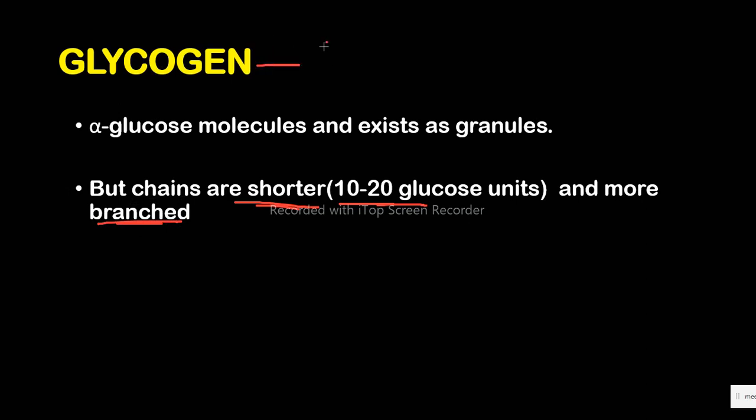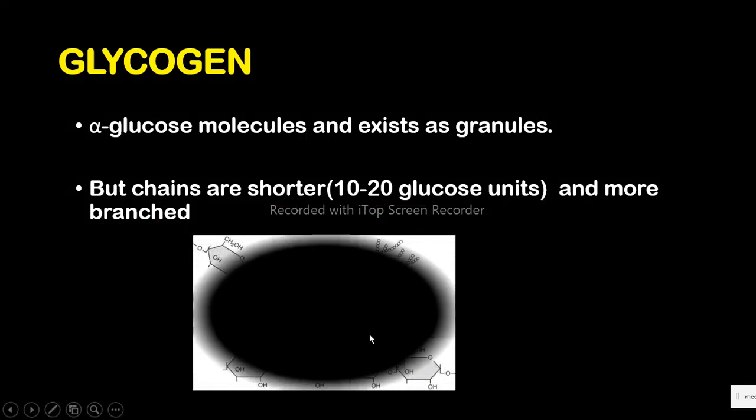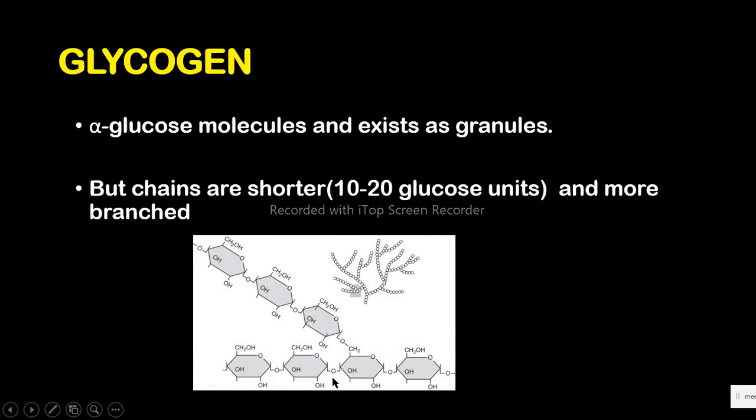Starch is made up of amylose and amylopectin. Amylose is not branched; it is amylopectin that shows some branching. But glycogen is highly branched. You can have a look. So this is what we are talking about.